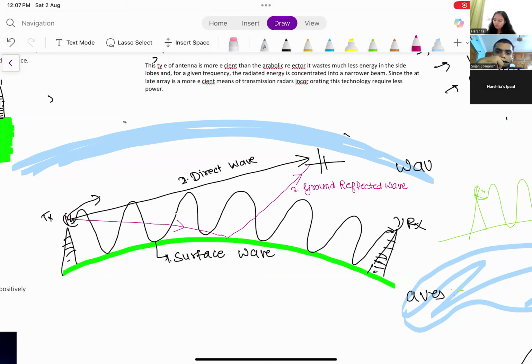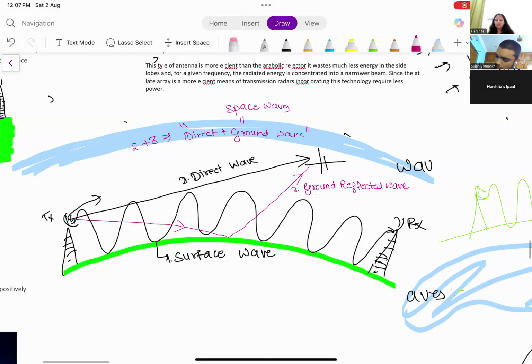And number two plus number three, that means the direct wave plus the ground reflected wave, both combined are known as the space waves. And space waves have frequency in the VHF band. So this is what we have studied so far.